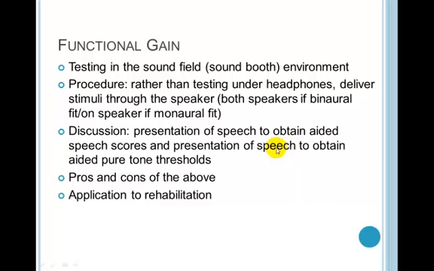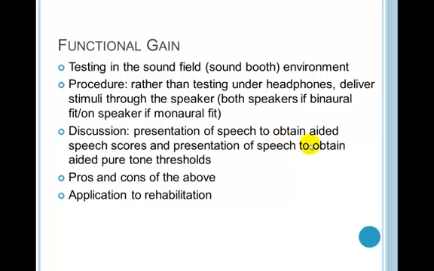We obtain the audiogram without hearing aids. Now, to get functional gain, we want an aided audiogram. The patient's in the booth, and instead of presenting the tones through the headphones or insert earphones, I'm going to present them through the speakers, and the patient is listening through their hearing aids. Hopefully, obviously, they're going to hear better than without.